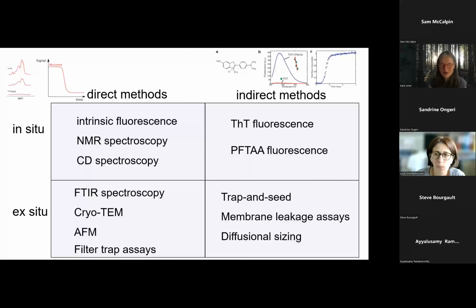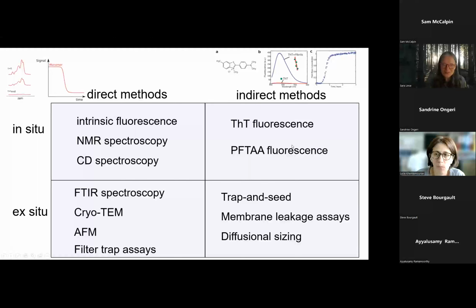Although, of course, you have sample changers on NMR spectrometers, so you could have a carousel with NMR tubes that you regularly put into the magnet and record. So there are ways to make the others at least semi-high throughput, not very high, but semi. And these are indirect methods you can do in situ.